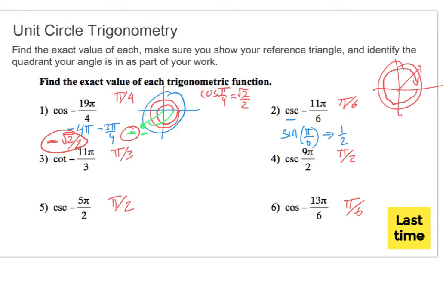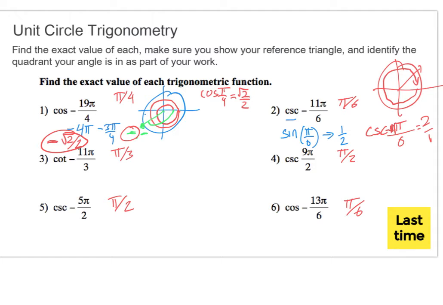I'm in quadrant 1, so this is going to be a positive value. So cosecant of negative 11 pi over 6, whenever I have 11, I always draw them as pi's, and that annoys me because then I need to scroll things out, is going to be the same thing as the reciprocal of sine of pi over 6. I forgot a really important word in that, which is 2 over 1, or 2.